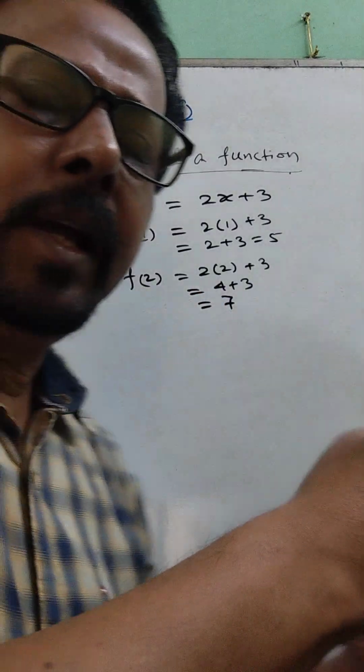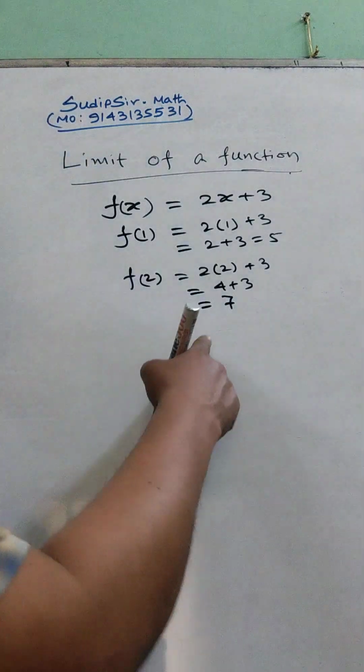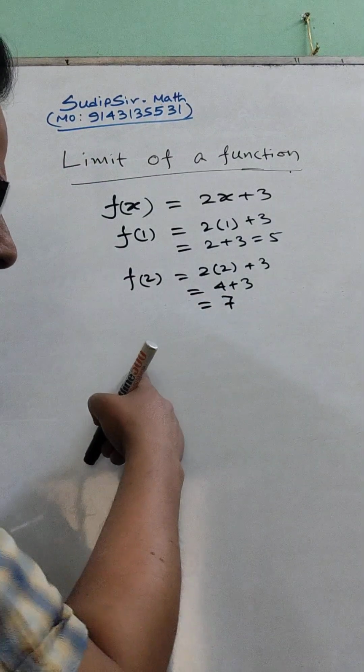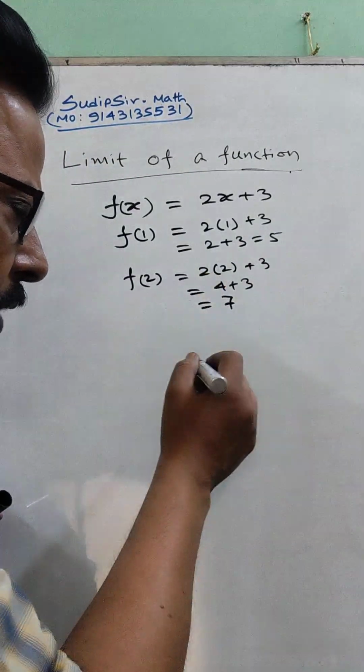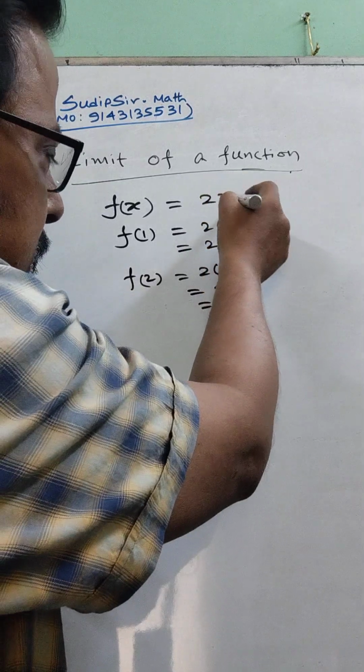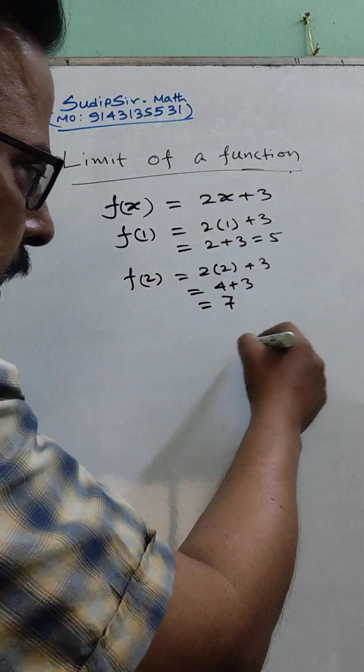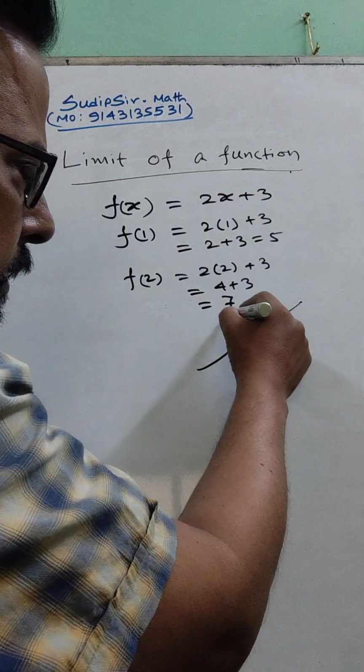So, this way, we can find the value of the function at any real value, that is f1, f2, f3 or f of half, whatever is required, we can easily find using this. Now, this is like a straight line.